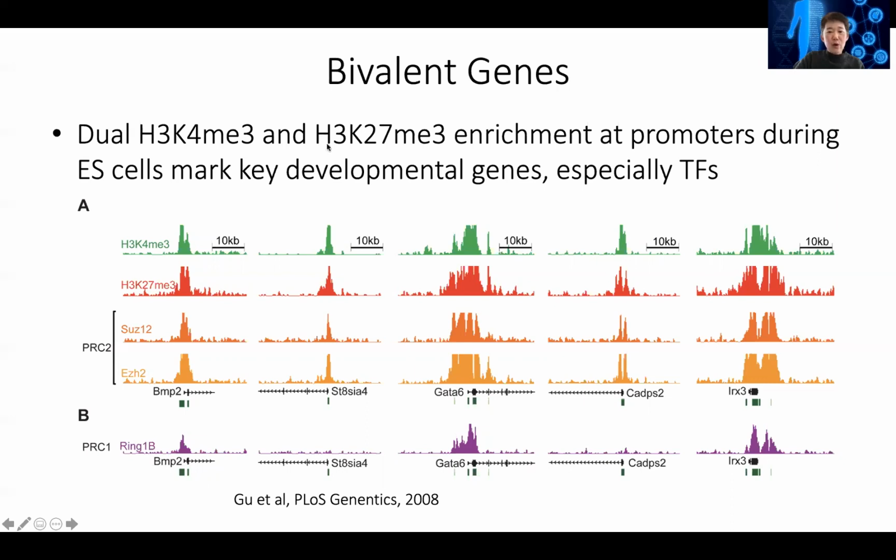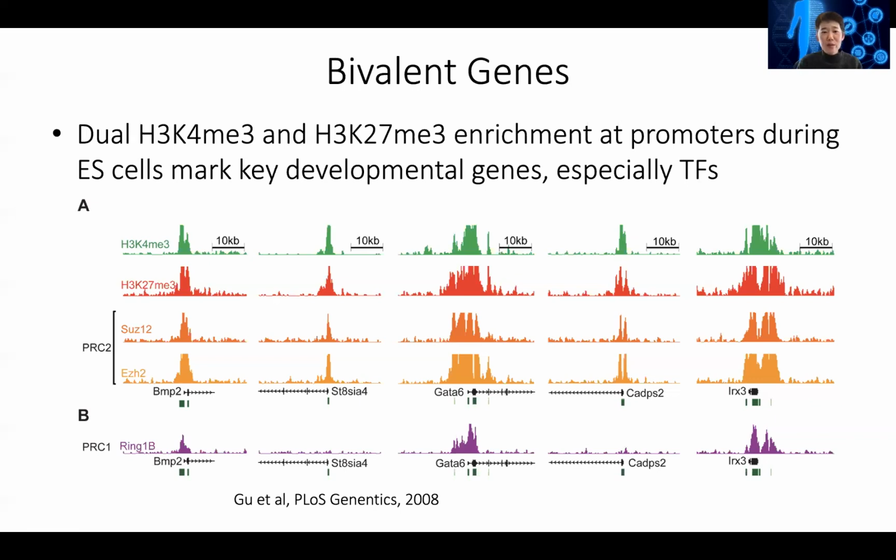The promoters, especially CpG promoters, can also be marked by H3K27 trimethylation if the gene needs to be silent. So you would imagine a gene is either marked by K4 trimethylation or by K27 trimethylation. But interestingly, in embryonic stem cells, there are thousands of genes that are marked by both K4 trimethylation and K27 trimethylation near the promoter regions or the CpG-rich regions of the gene.